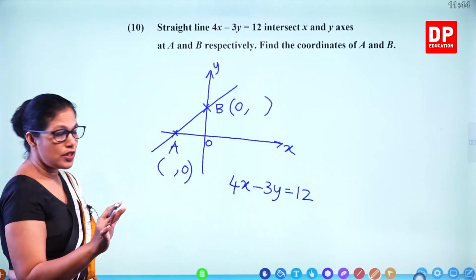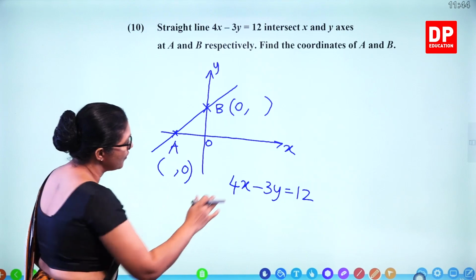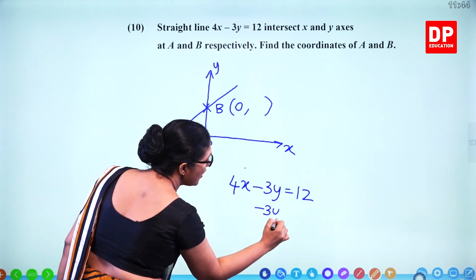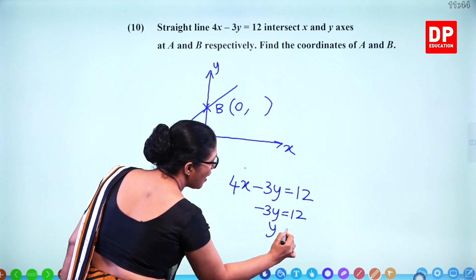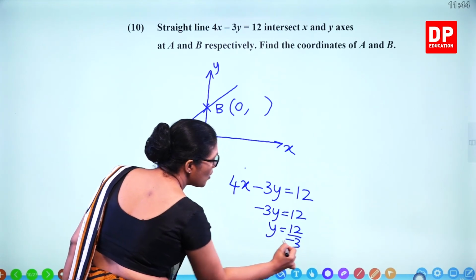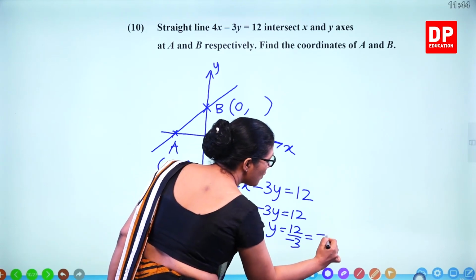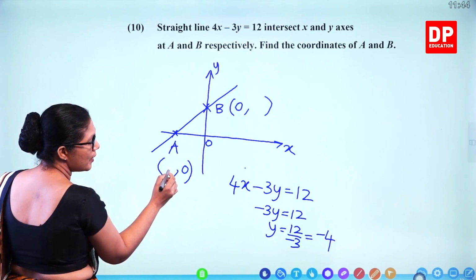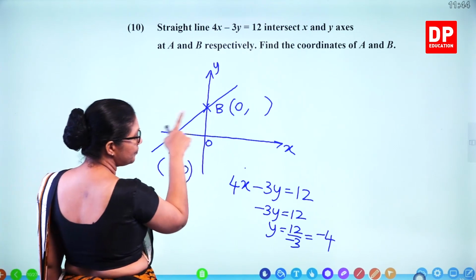Substitute x equals 0. So when x equals 0, this gets cancelled out. So minus 3y equals 12. Y becomes 12 divided by minus 3. You get minus 4.